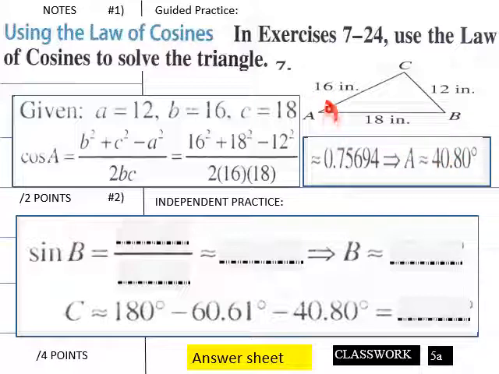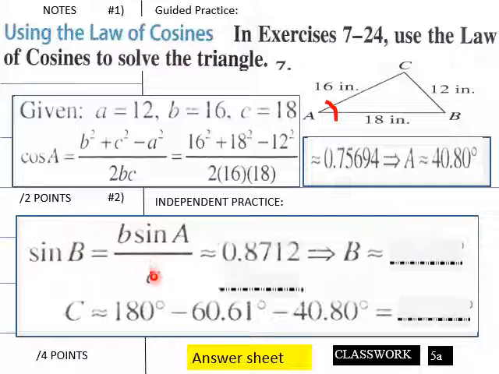And then once we have our angle measure for A, we can build off of that down here. For sine B, to solve for this angle, we go B sine A over A. We know what A is now, and we know what B is, so we can plug in here to find what our sine of B is.